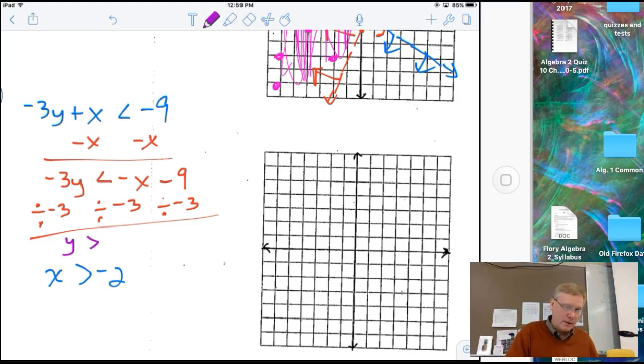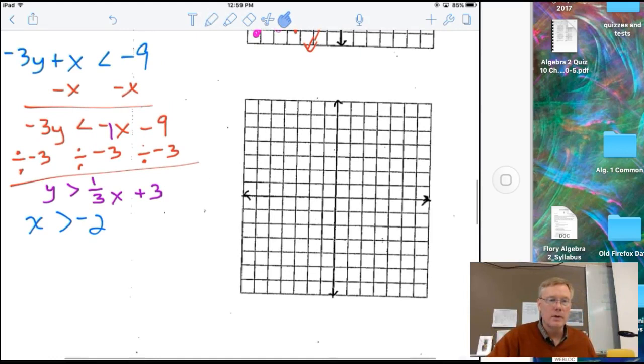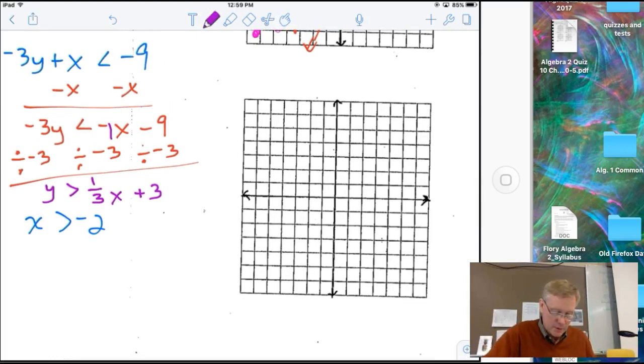If it's got that line underneath it for or equal to, you keep it there. If it doesn't have it there, just don't add it. Negative divided by negative is positive. This is 1x, which means 1 divided by 3 is 1 over 3. Negative 9 divided by negative 3 is plus 3. So that's the one I'm going to be graphing now. A little bit of manipulation there makes my life much easier.